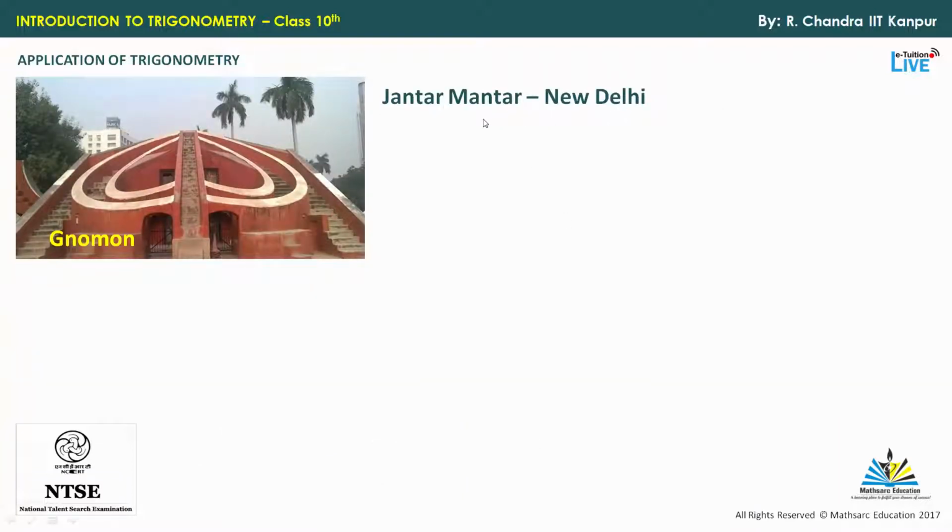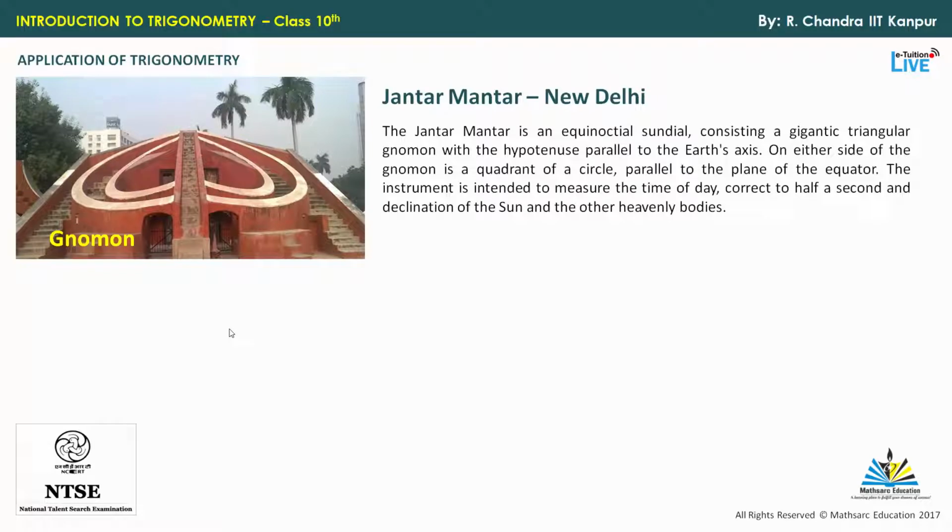This is Jantar Mantar at New Delhi, a real example of a gnomon. The Jantar Mantar is an equinoctial sundial consisting of a gigantic triangular gnomon with the hypotenuse parallel to the Earth's axis. On the other side of the gnomon is a quadrant of a circle, parallel to the plane of the equator.